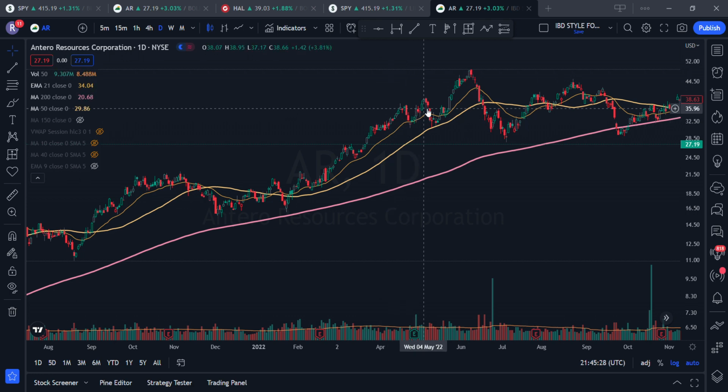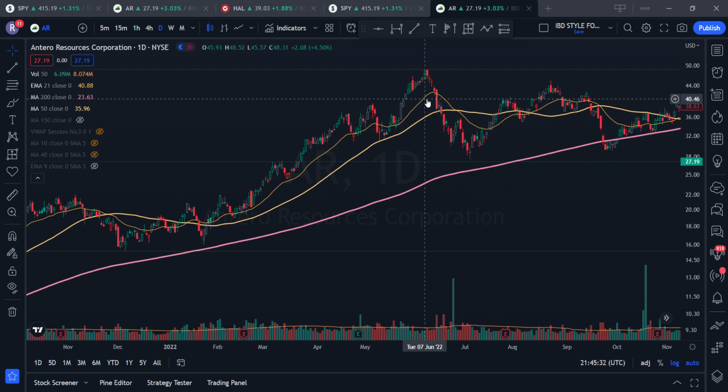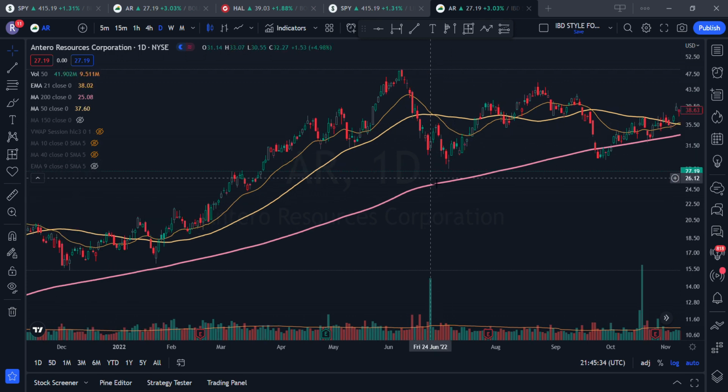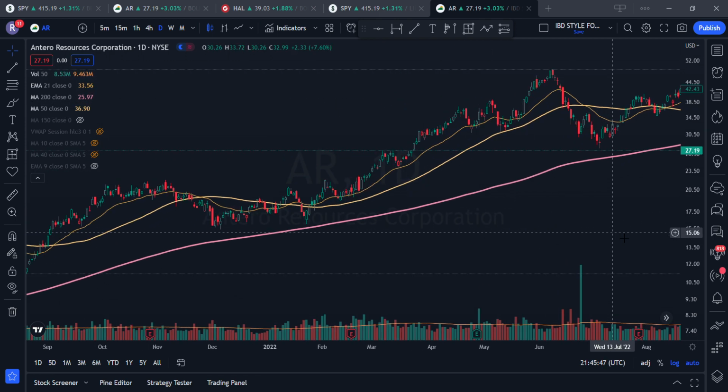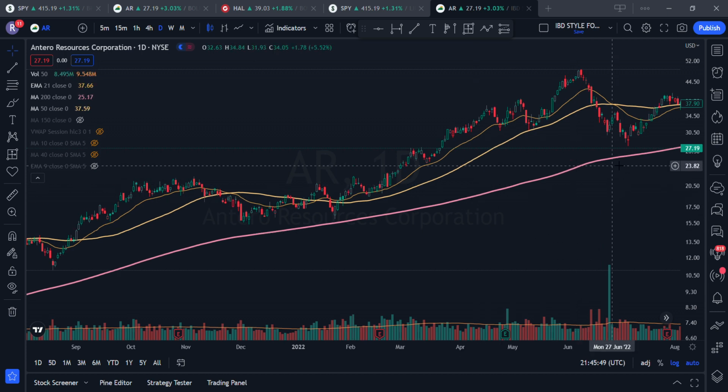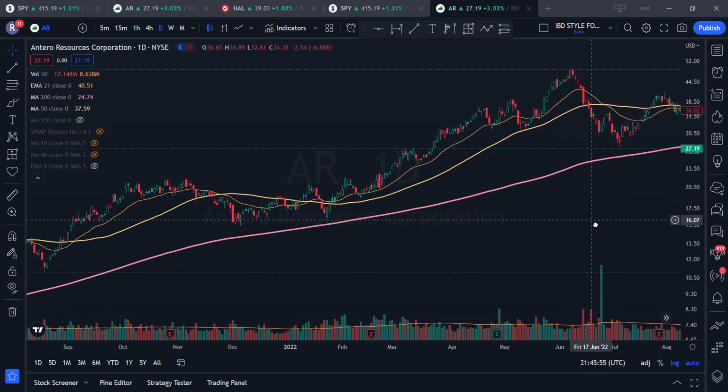So it's only a month or two afterwards that the stock started to falter, and this is another sign: you see a large volume, but the stock wasn't able to move above the 50-day moving average. At this point, in this picture, your 200 day is still in an uptrend.